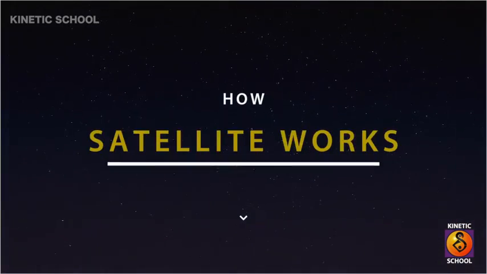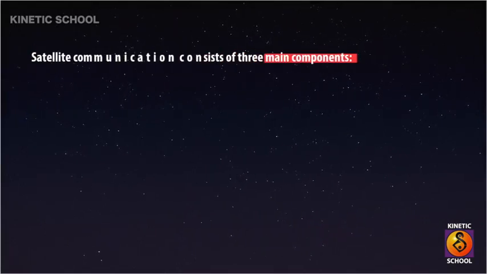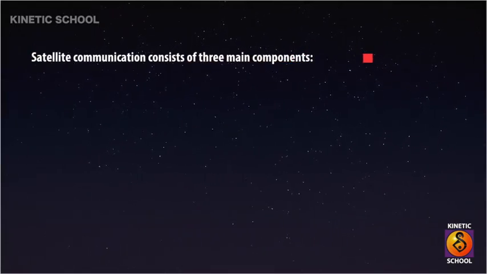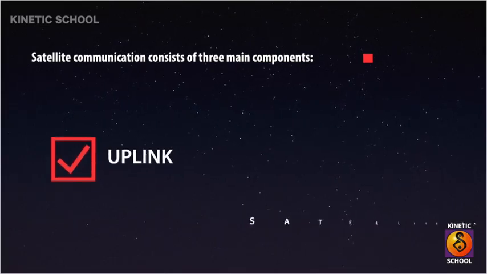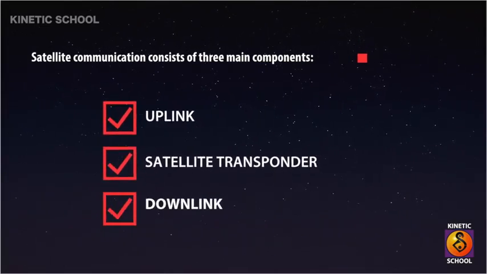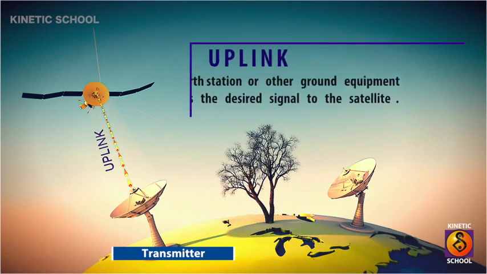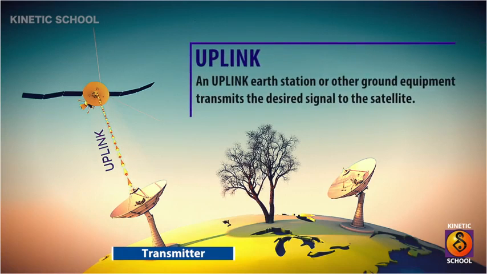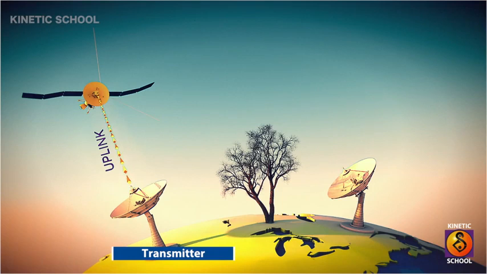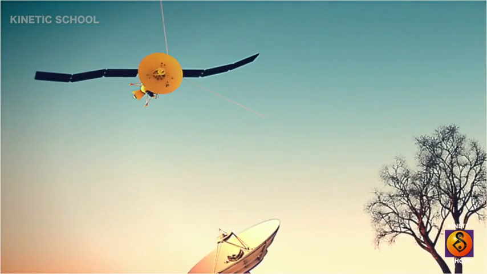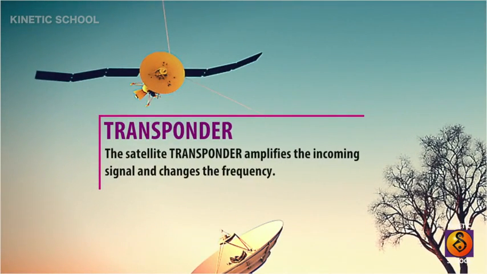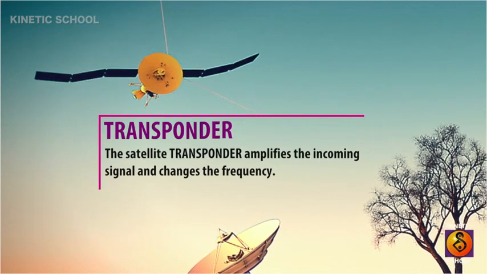How a satellite works. Satellite communication consists of three main components: uplink, satellite transponder, downlink. An uplink earth station or other ground equipment transmits the desired signal to the satellite. The satellite transponder amplifies the incoming signal and changes the frequency.